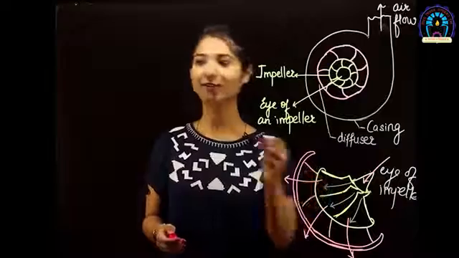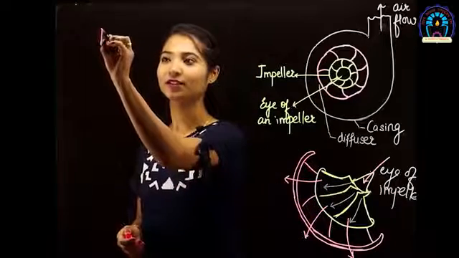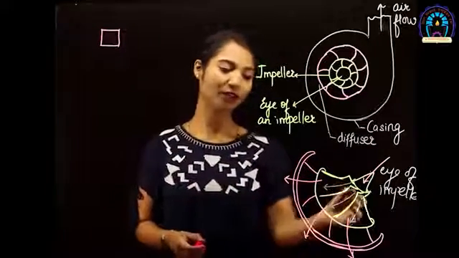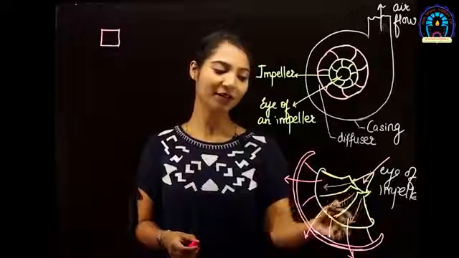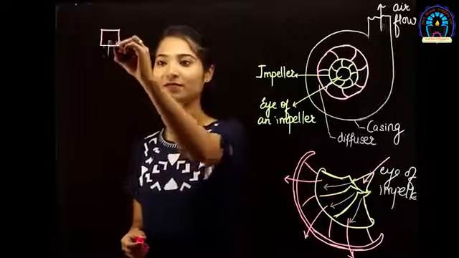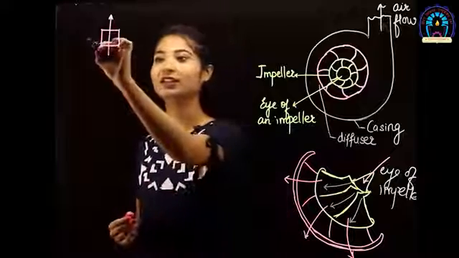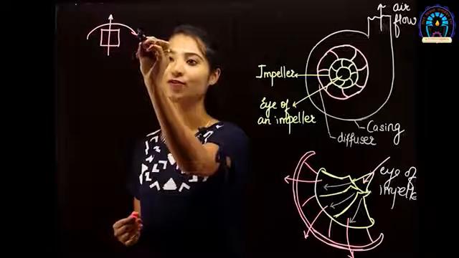If we consider the fluid element outside, we can see that the air element will first flow radially outwards, and the second type of motion it is having is centrifugal force.